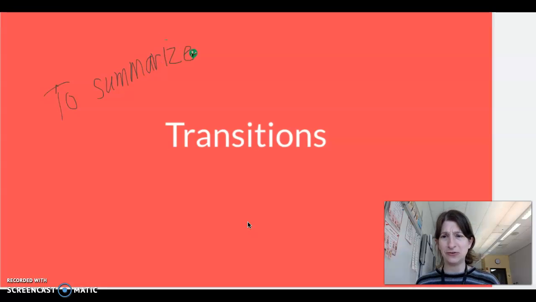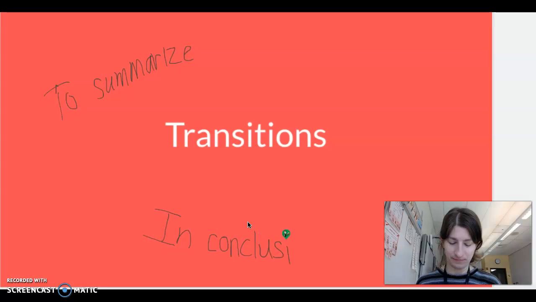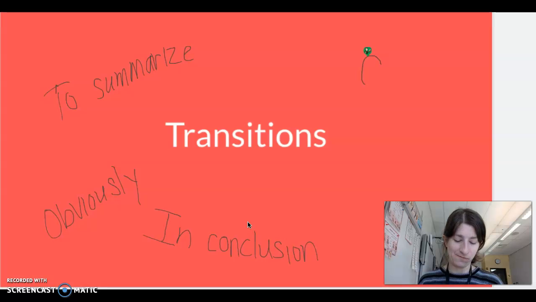We might also use words like in conclusion. You might also use words like obviously, clearly, or something like therefore. It depends what you're talking about as to which one works for your story or your paragraph.